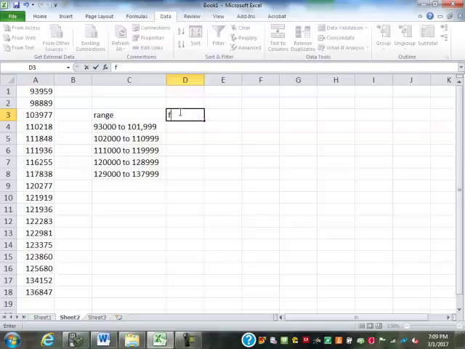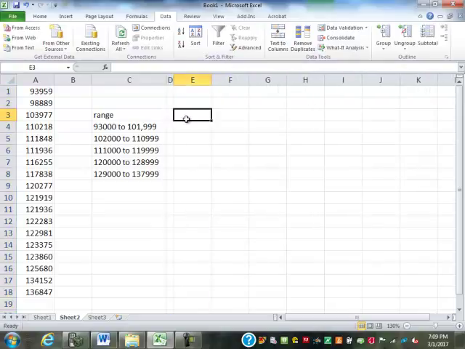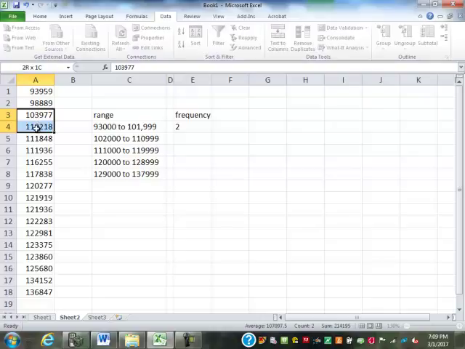In fact, I'm going to leave a blank column here for just a second because I'm going to need it in a little bit. I'm going to make it look like it's not there. The frequency, well, how many are between 93 and 101? Looks like there's two of them, right? From 102 up to 110, looks like there's only two of them.